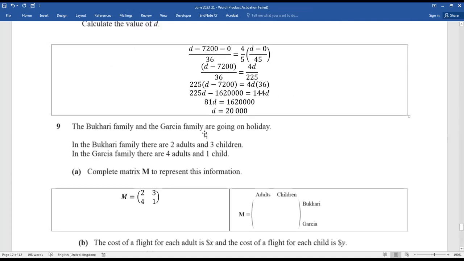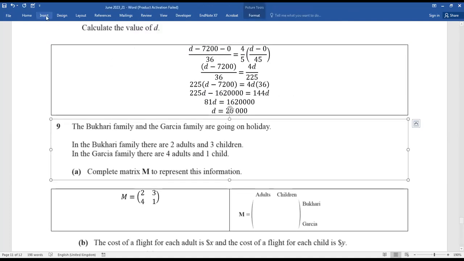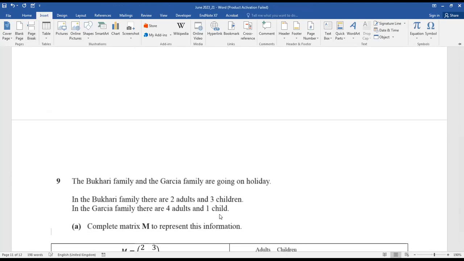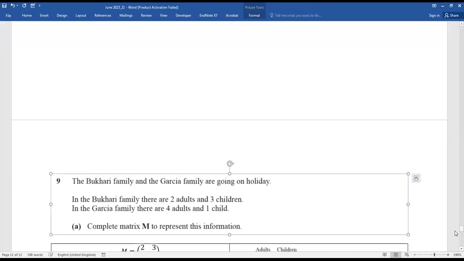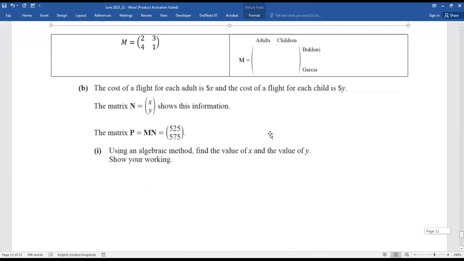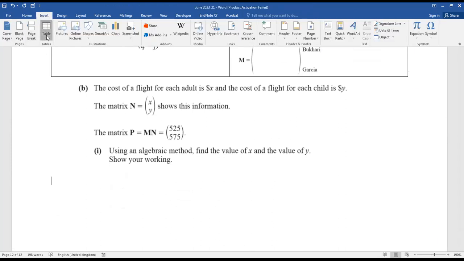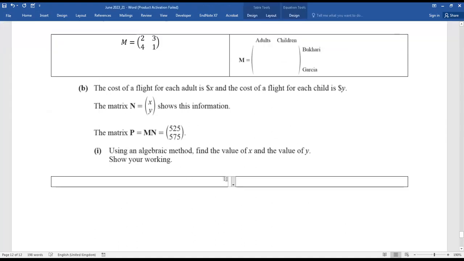Cost. That on another page. Now the cost of flight for this is this, and it's provided us some data, and it wants us to find P, which is equal to MN, because we're going to find the value of.